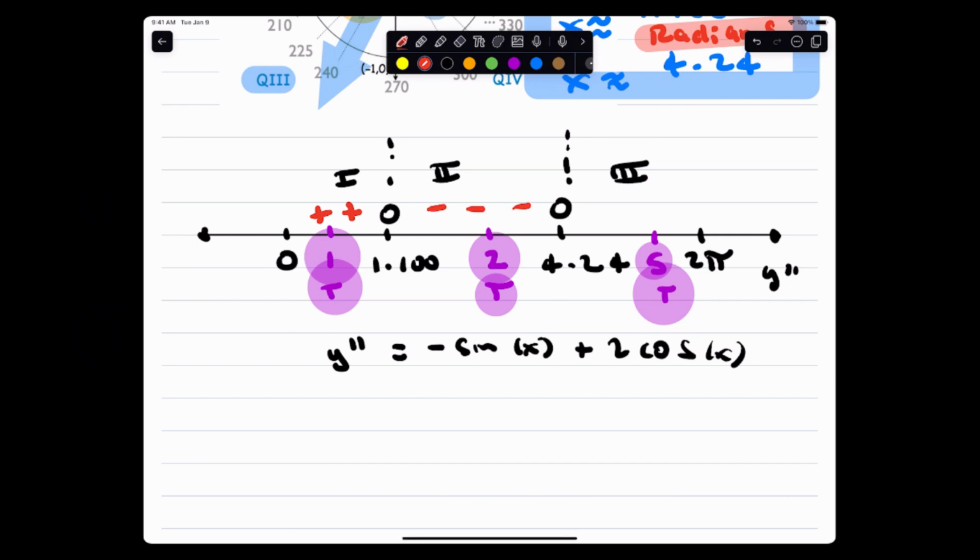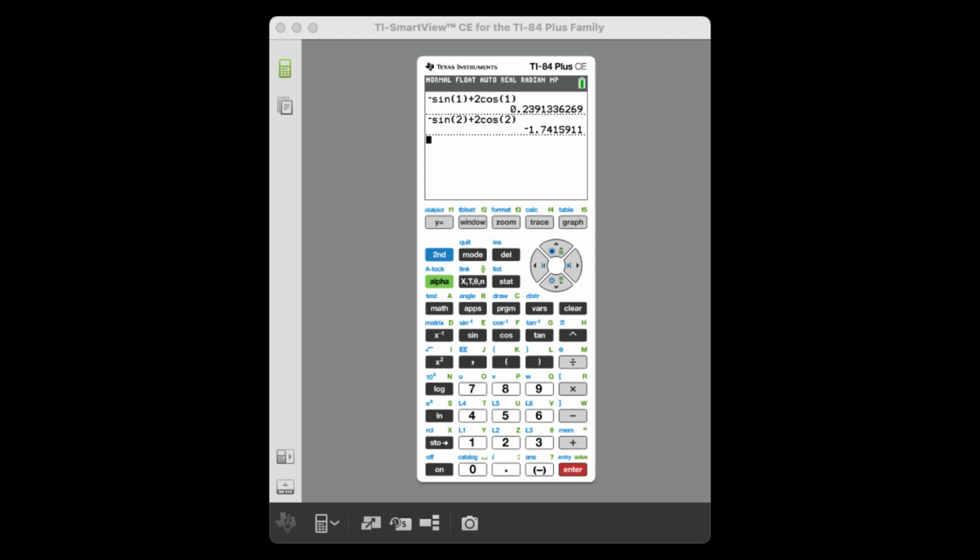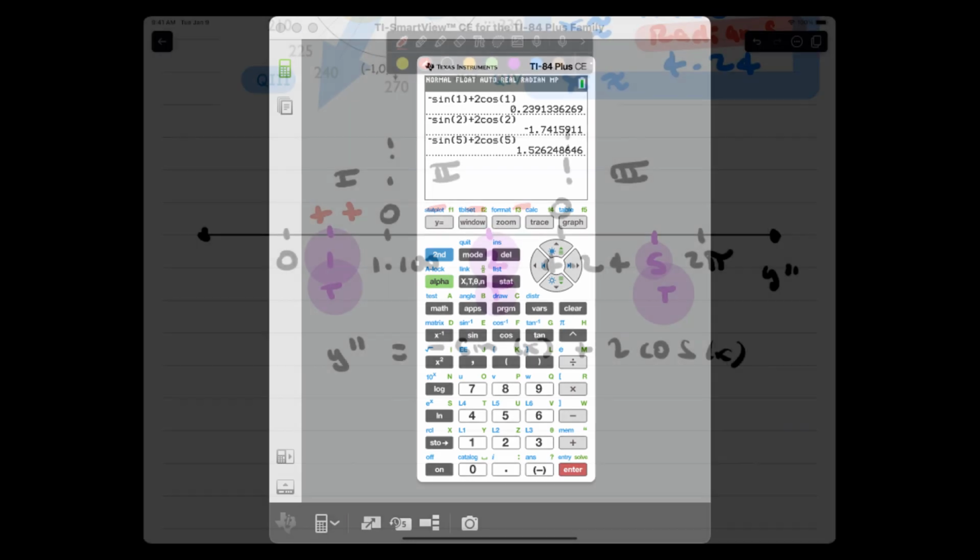Now region 3. What's your test point? 5. Negative sine of 5 plus 2 cosine of 5, and you get positive.